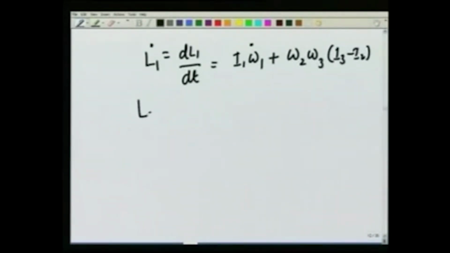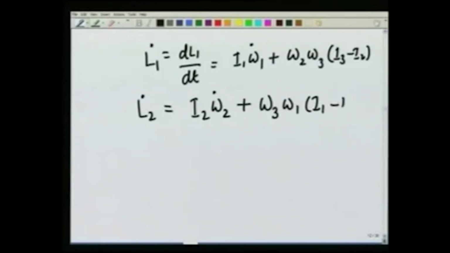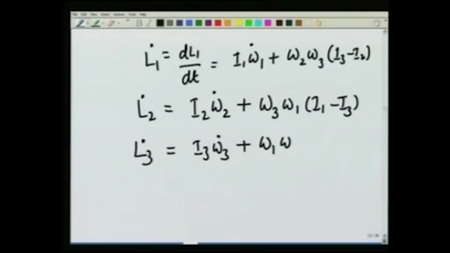Similarly, L2 dot, the change in direction 2, would be caused by change in the component of angular velocity along direction 2, plus because L is rotating, that change anyway is caused. So, omega 3 omega 1 (I1 minus I3). Same thing for L3 is going to be I3 omega 3 dot plus omega 1 omega 2 (I2 minus I1).